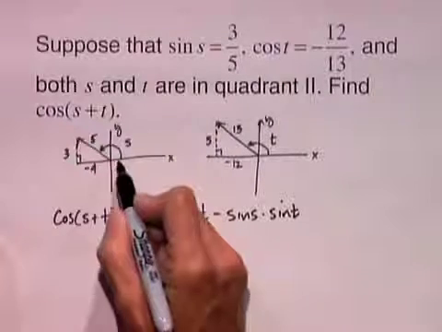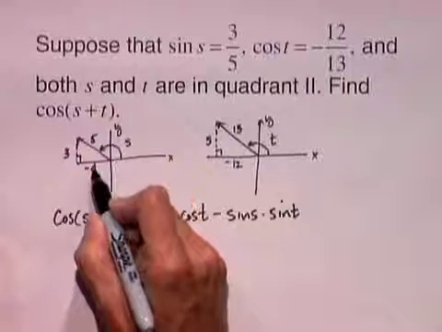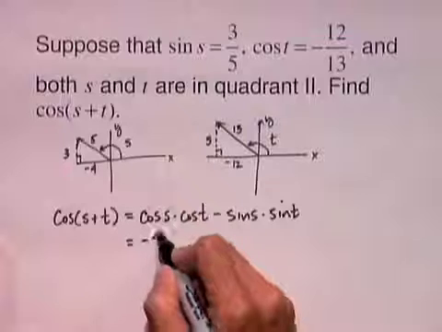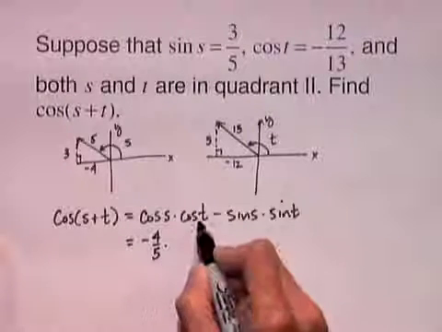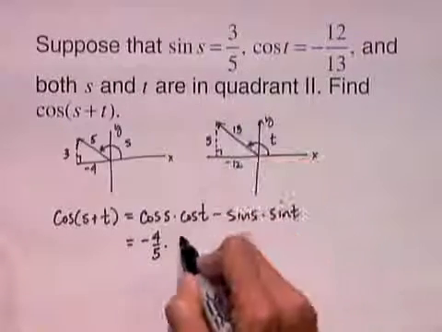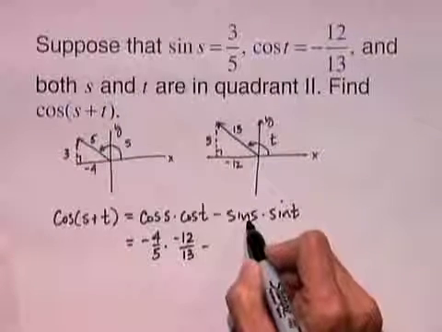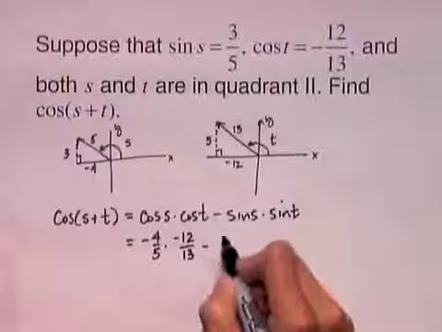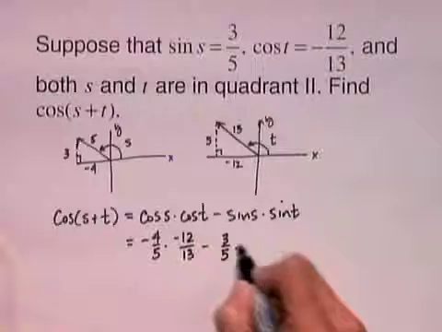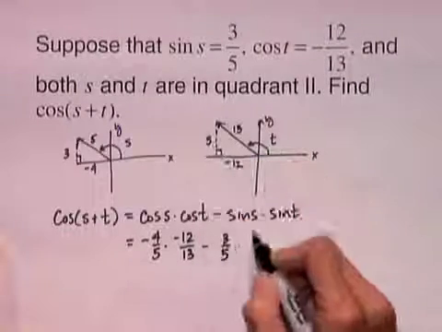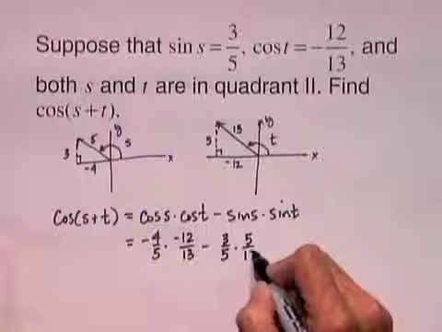The cosine of S, here's angle S, is -4/5. The cosine of T is -12/13, minus the sine of S is 3/5. The sine of T is 5/13.